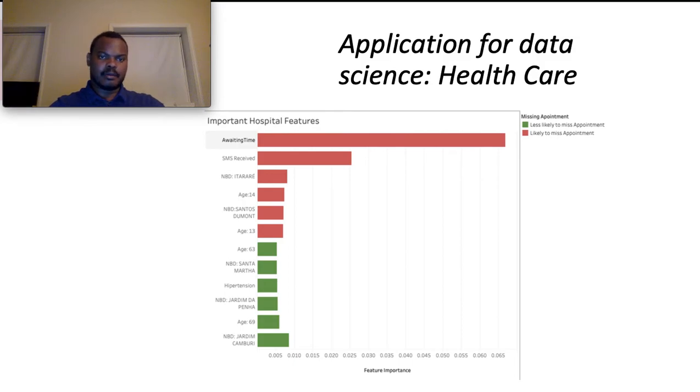Features that are red are customer features that are likely to miss an appointment, and features that are green are features of customers that are less likely to miss an appointment. So I'll just discuss this a little.